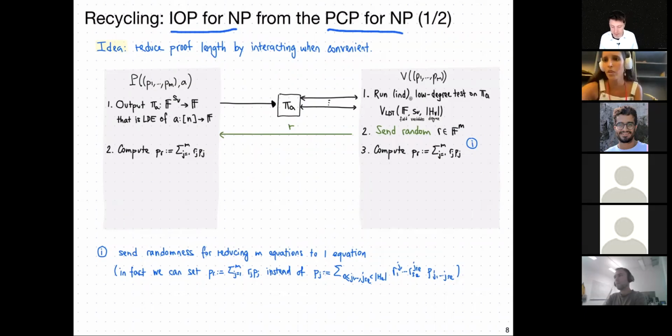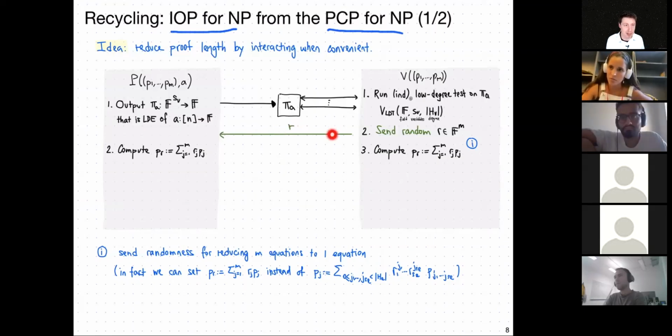Right. Good question. Thanks. A more subtle point is that I'm being extra generous with the verifier. I'm asking the verifier to send M random field elements. That's a lot of field elements if M is large, but that's fine because the verifier anyways was not succinct here.